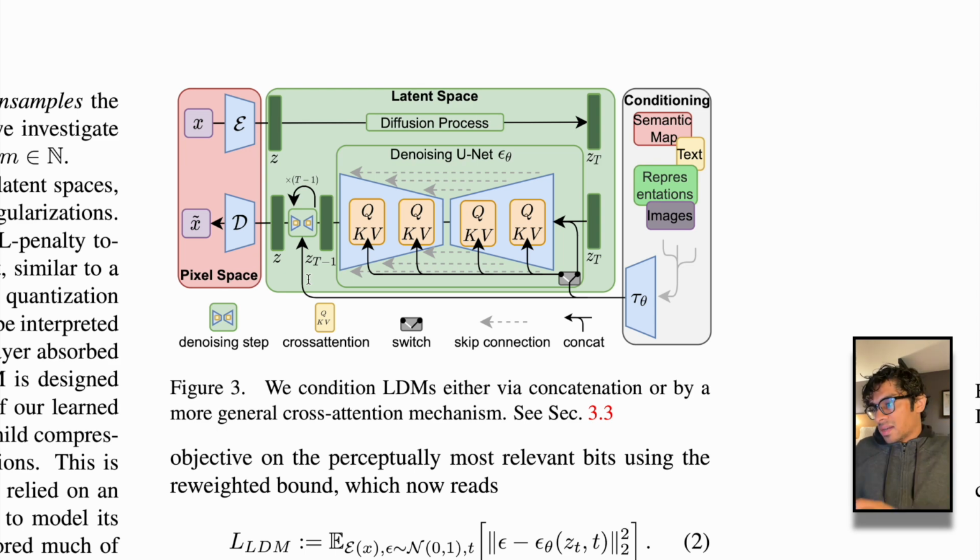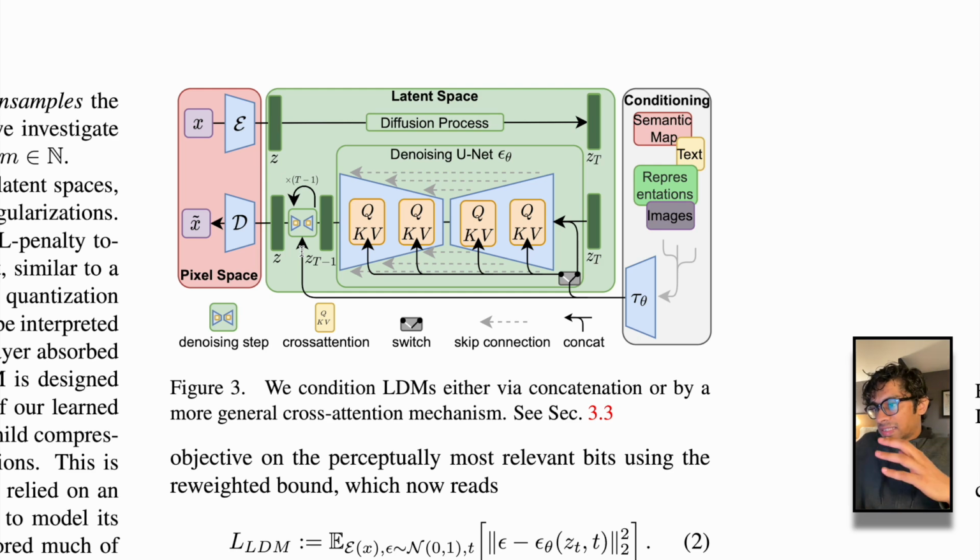That is what is being shown here, in T-1 such processes; this is a small figure of this large figure. You do this from Z_T to Z_{T-1}, T-1 times. Where will you reach?